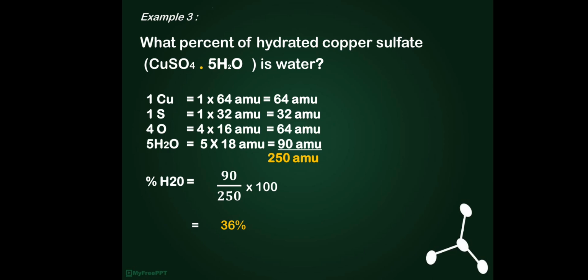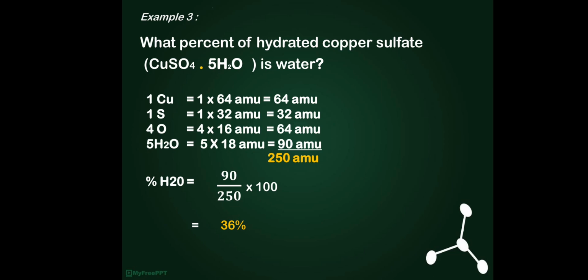Of course, you have to add the atomic masses of hydrogen and oxygen. As we all know, oxygen is 16 and hydrogen is 1. There are 2 hydrogens here, so 1.00 plus 1.00 is equal to 2, plus 16, the atomic mass of oxygen, is equal to 18.